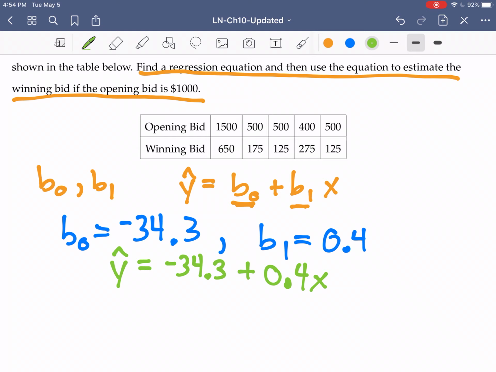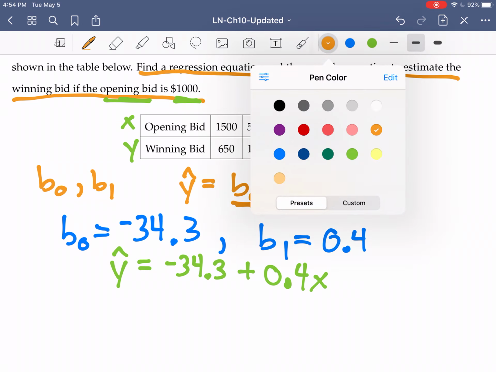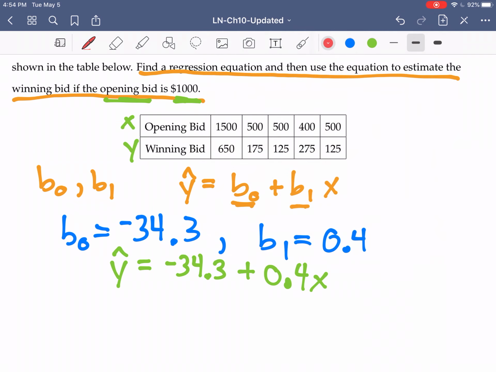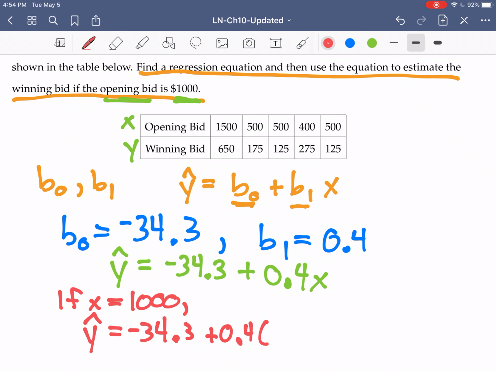If we want to use that line to predict when the opening bid is $1,000, the opening bids were our x values and the winning bids were our y values. If our x value is 1,000, we end up with y hat equals negative 34.3 plus 0.4 times 1,000.